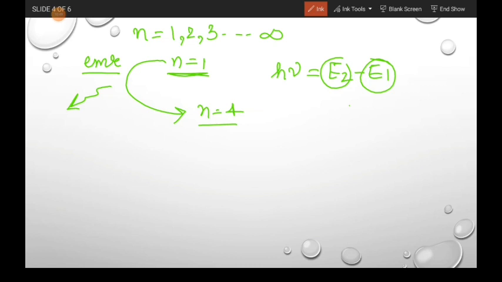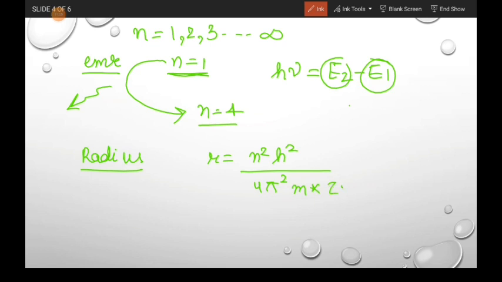When we talk about the radius, suppose the electron is present in the nth shell. Now what is the radius of that nth shell? You have to write r equal to n square h square upon 4 pi square m k z e square. This is the formula for the radius. You know every value.